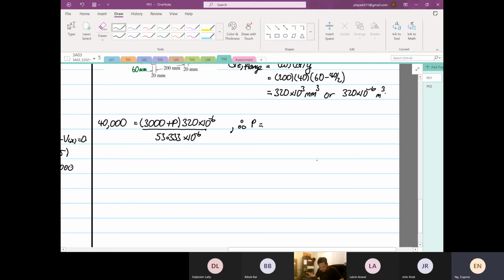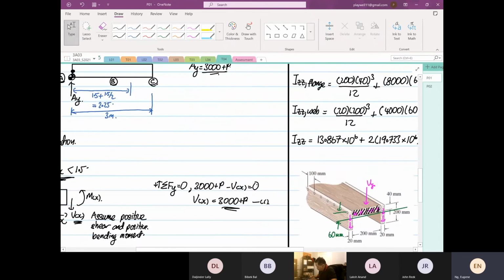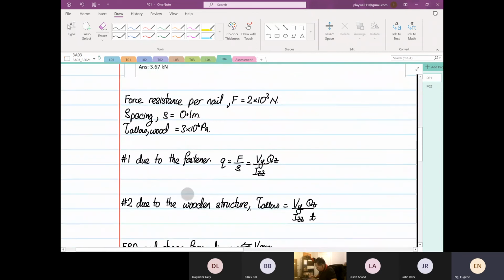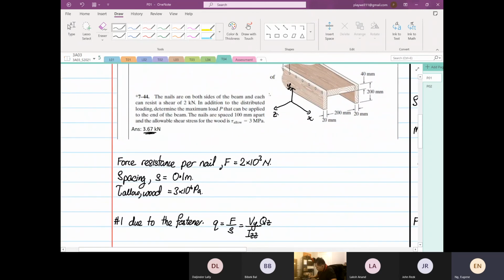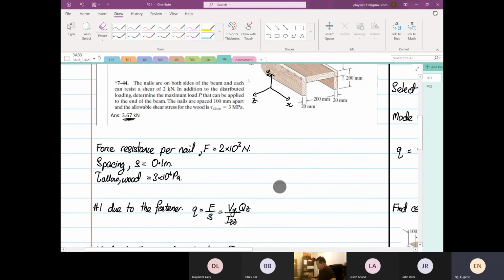I got 3.667 times 10 to the power 3 Newton. Okay. So if we look at the answer, yeah, they round it off to 2 decimal places there. So we got 3 point.